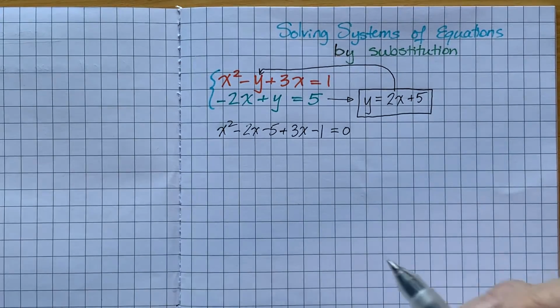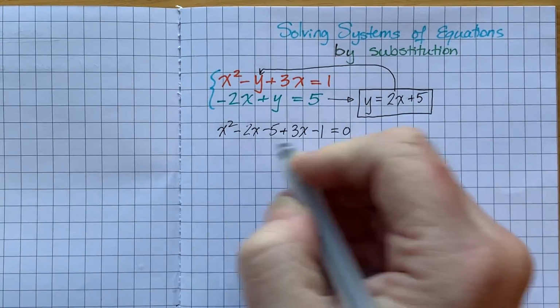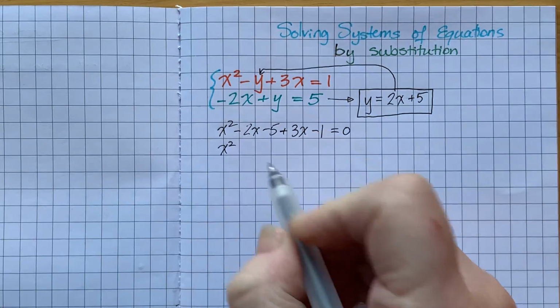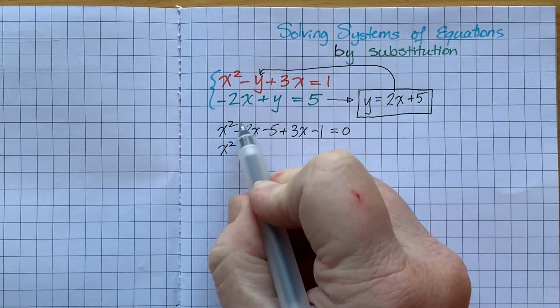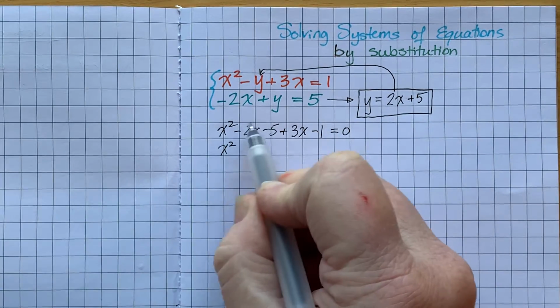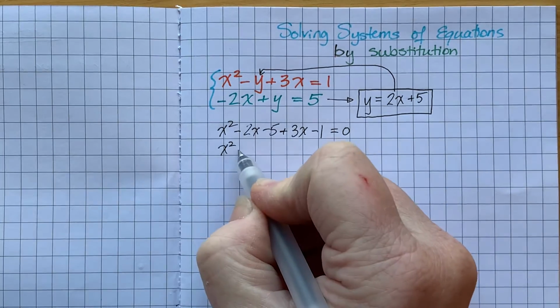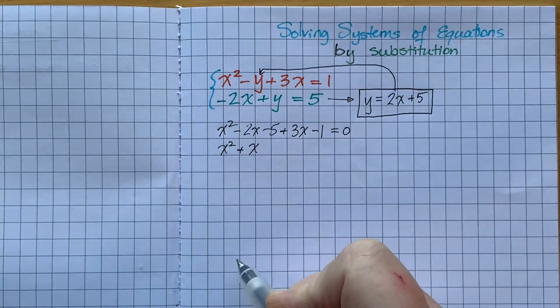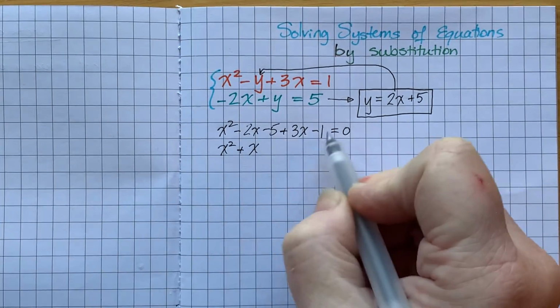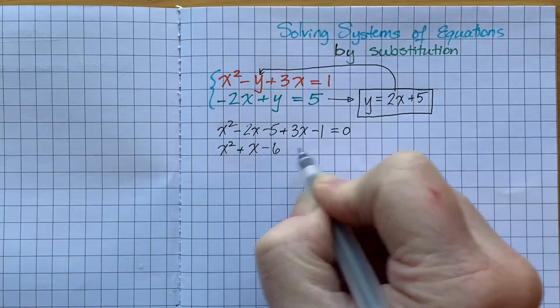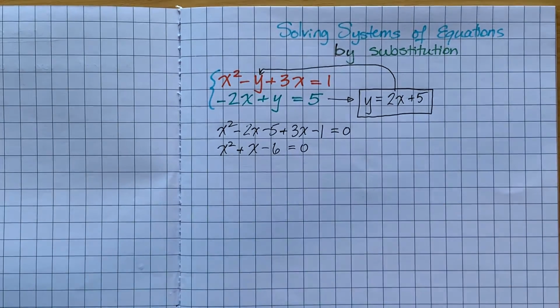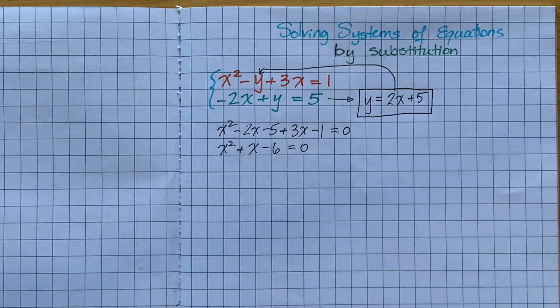So let's clean this up a little bit. This is x squared. Let's combine the negative 2x and the plus 3x. That's going to be plus x. And negative 5 and negative 1 is negative 6. Now, this is something that is easily factored.